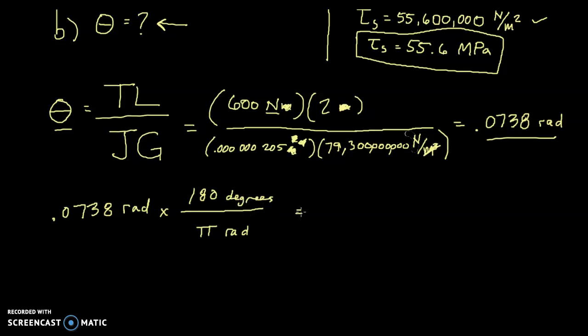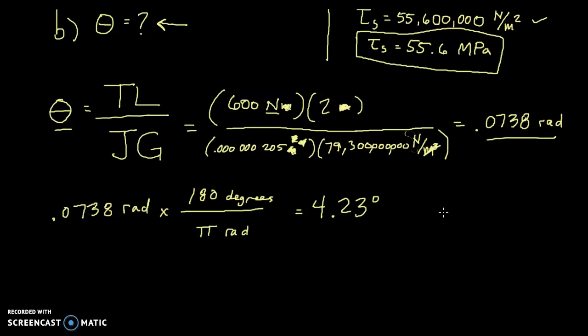And so 0.0738 times 180 divided by pi gives me 4.23 degrees. So that's a lot easier to visualize, 4.23 degrees.